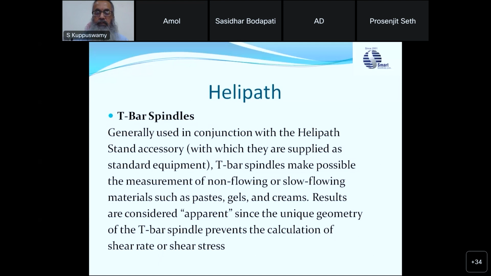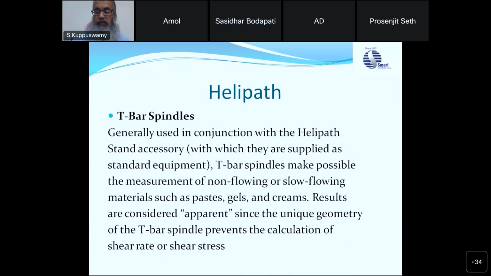For that purpose, special T-bar spindles are designed. T-bar spindles are like a cross. And the helipath stand is a motorized stand. The viscometer head is attached to the helipath stand with T-bar spindles. When you start the helipath stand, since it is motorized, the head moves up and down in the sample in a spring-like action.